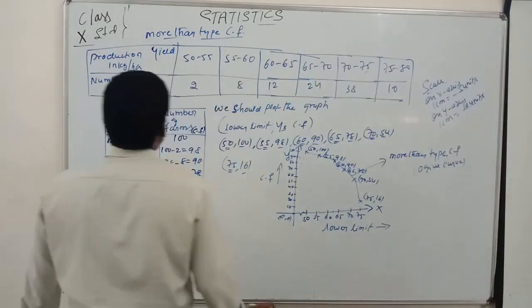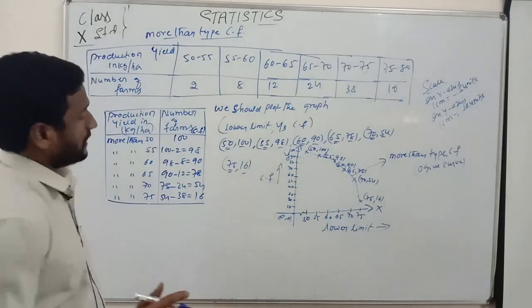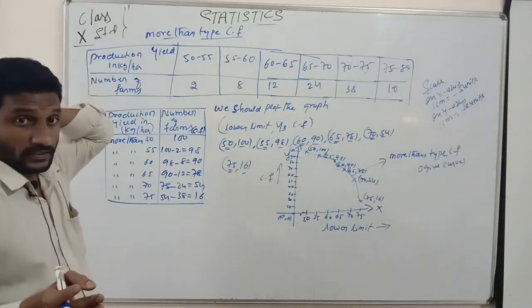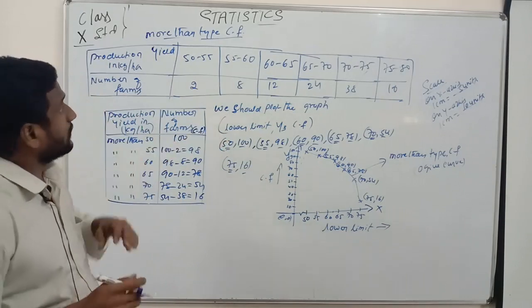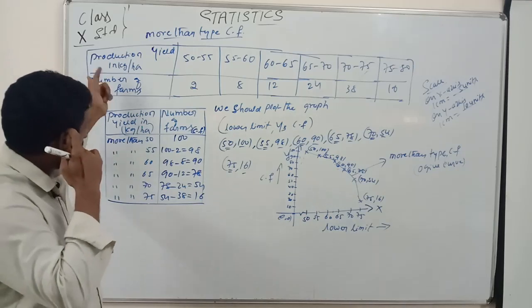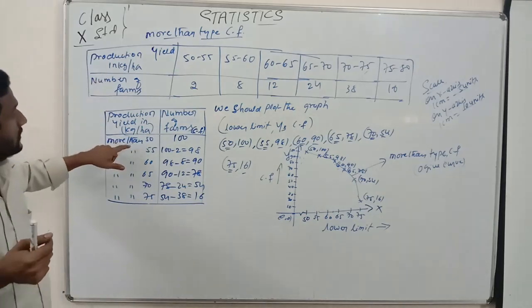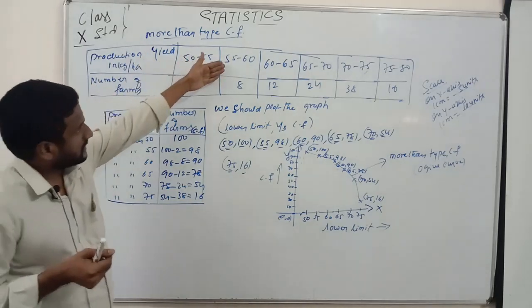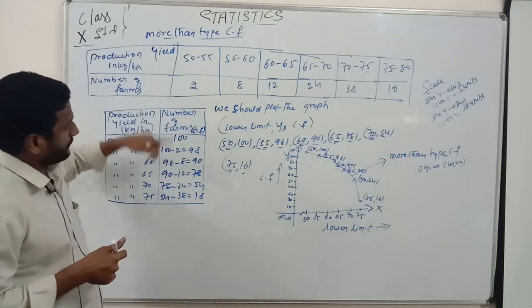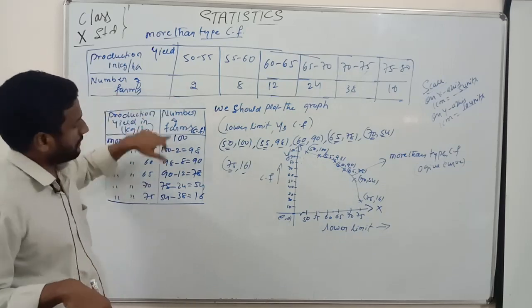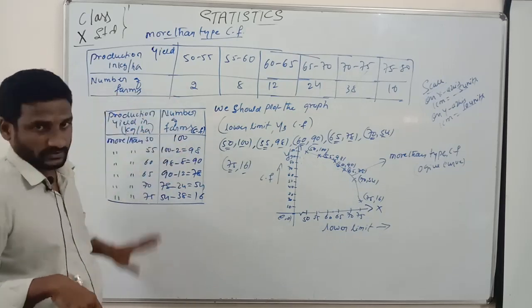In both cases, more than type and less than type cumulative frequency, for the more than type you convert the class into more than the lower class limit. Take the total frequency and subtract the given frequencies to get the CF.